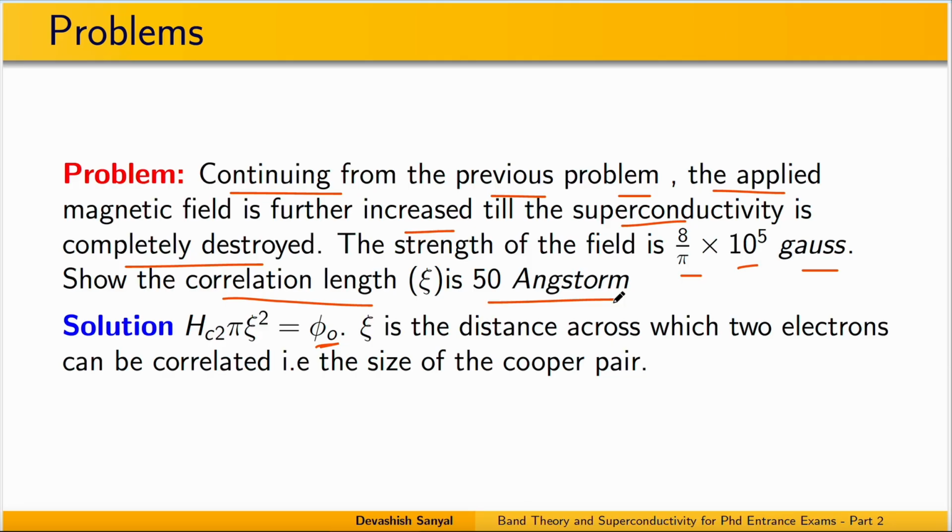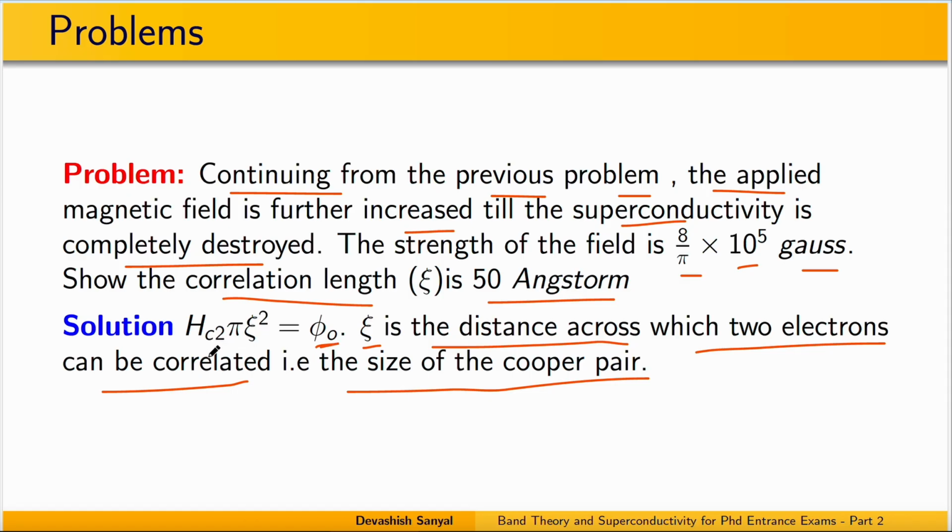So when is superconductivity destroyed? Superconductivity is destroyed when the magnetic lines of force start interfering with the Cooper pairs. Psi is the distance across which two electrons can be correlated, that is the size of the Cooper pair. If the magnetic lines of force start entering into this region, then superconductivity is destroyed.